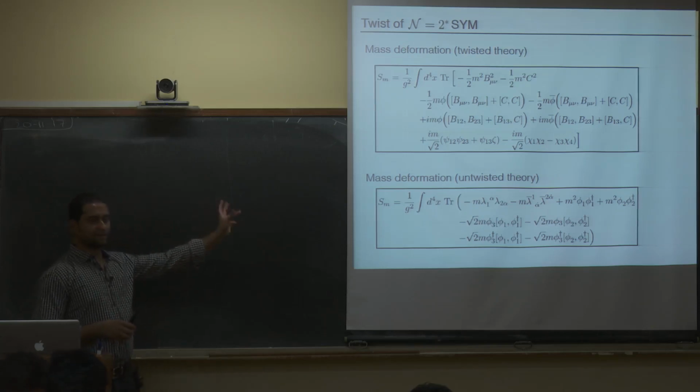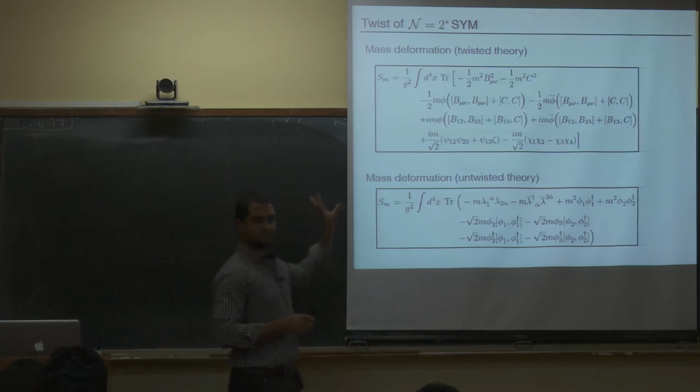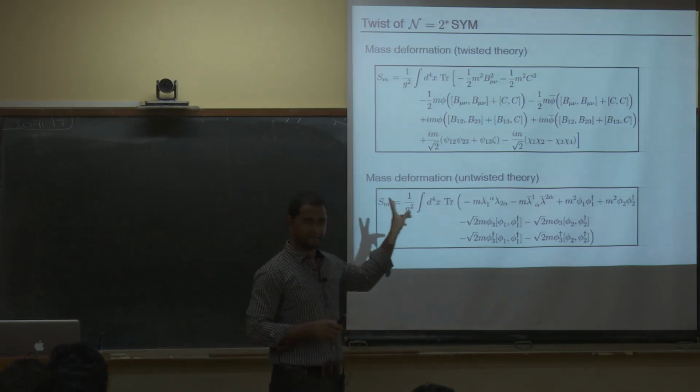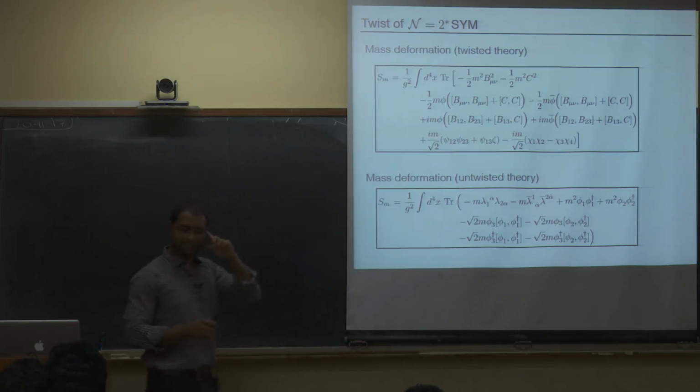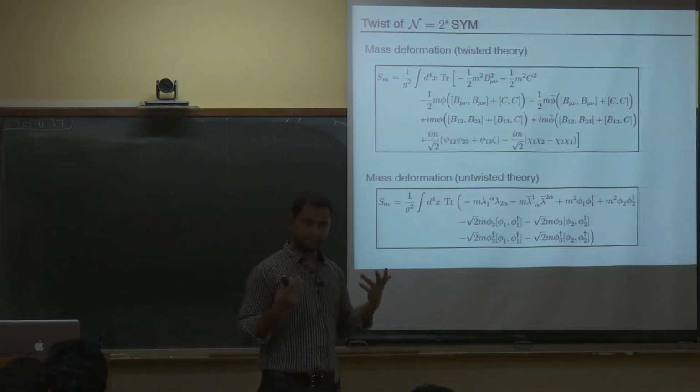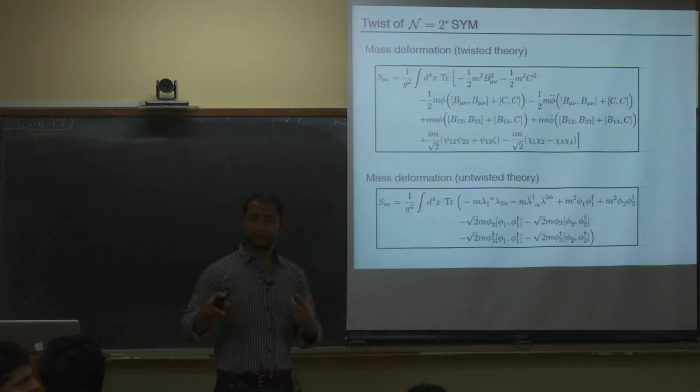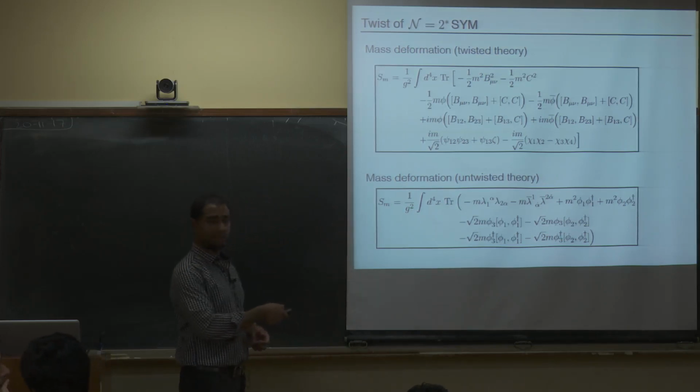Here, what is happening is, I will tell you why some of the terms have free indices. We take the fields of the untwisted theory, and these are linear combinations. To make a twisted field, it's basically taking linear combinations of the components of these untwisted fields. Then we can rewrite this untwisted mass term in terms of these new variables, and that is what we get here.